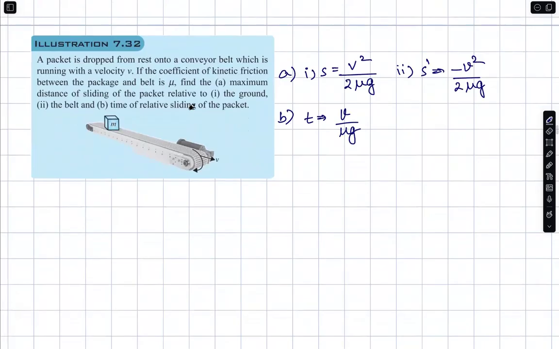It is called the conveyor belt model. The name of this model is conveyor belt.